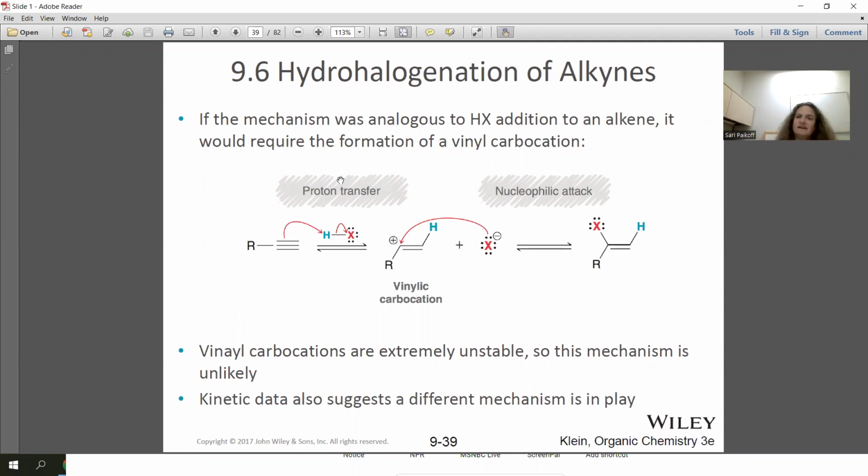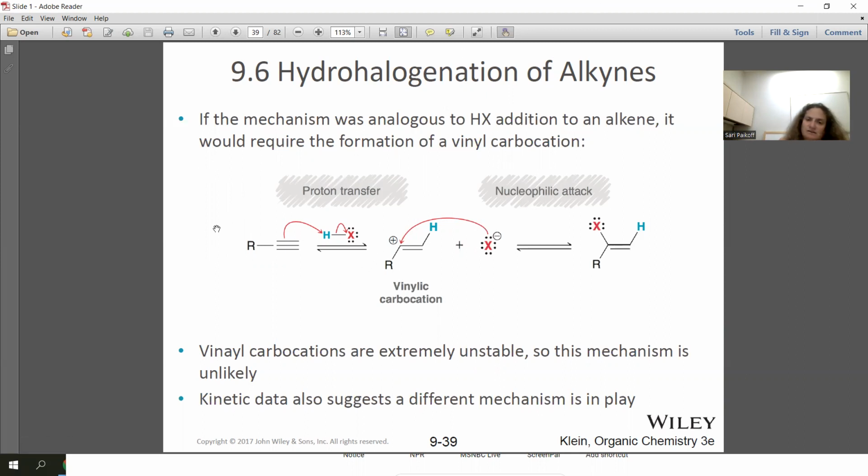So this doesn't really add by making that carbocation, because carbocations on a double bond are not very stable. They're kind of trying to be linear and all sorts of things. So the mechanism is going to go by a slightly different mechanism.